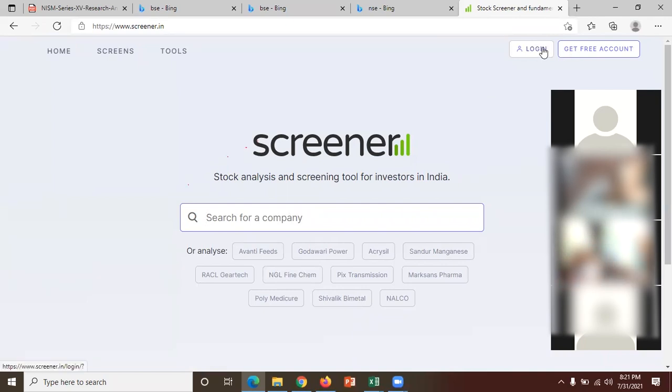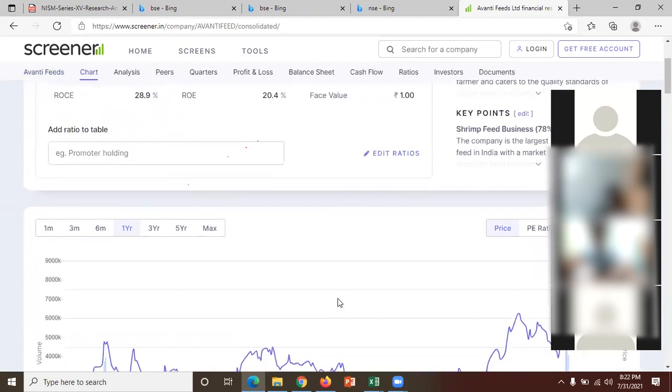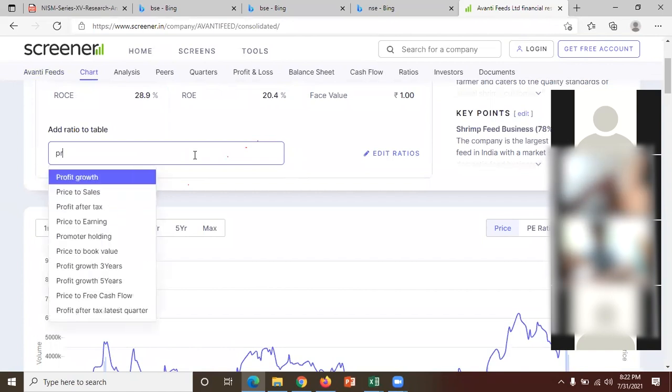For example, you can just make your account over here. Let's say, Avanti Feeds I wanted to see. So you will get the basic items which we will learn, what each item means. You can edit or add ratios also. For example, I want to know promoter holding.